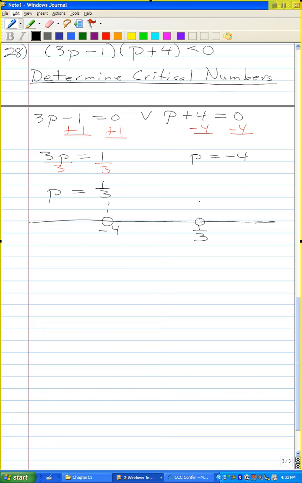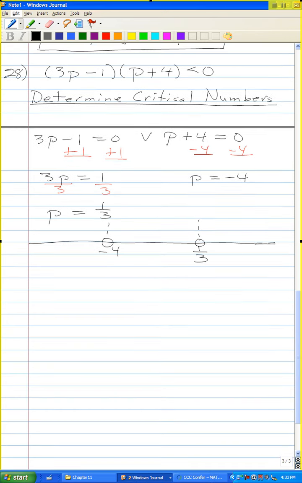So let's take a number greater than 1/3, 1. And so in this case, 3p minus 1 will be positive. P plus 4 is positive. Positive times positive is positive. Take a number between -4 and 1/3. The easiest one to choose is 0.